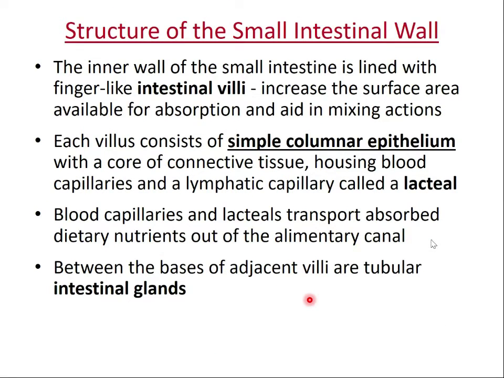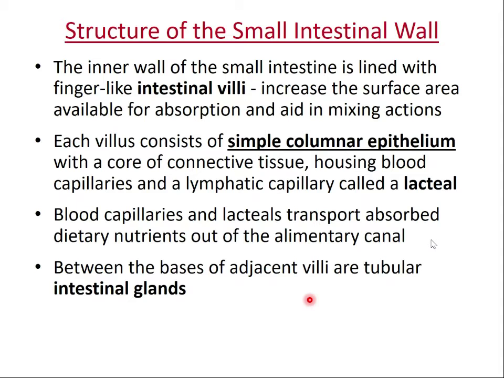And then we also discussed how the inner lining of the alimentary tract, the small intestine in particular, has these intestinal villi, finger-like projections meant to increase the surface area available so that more nutrients, more material can be absorbed. It also helps with the mixing action.